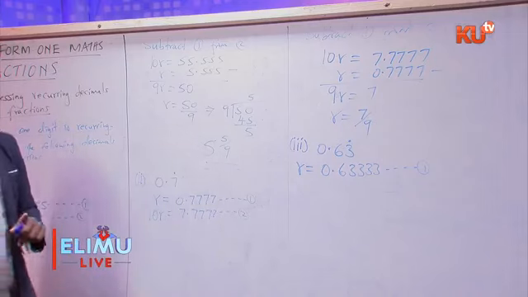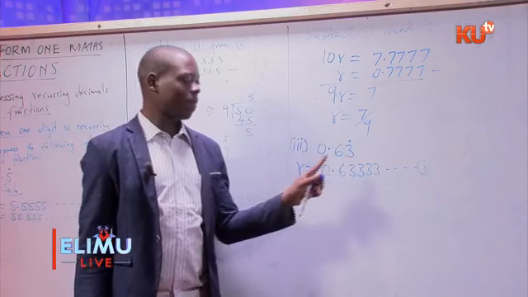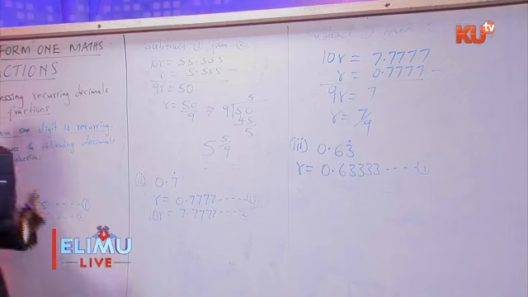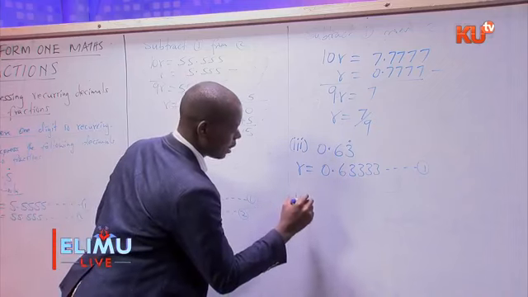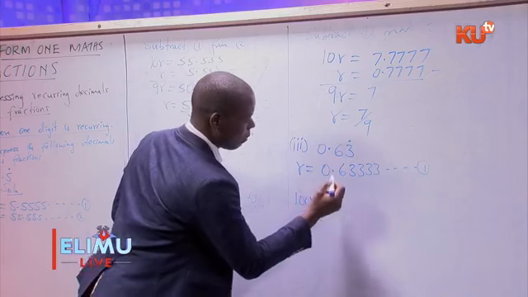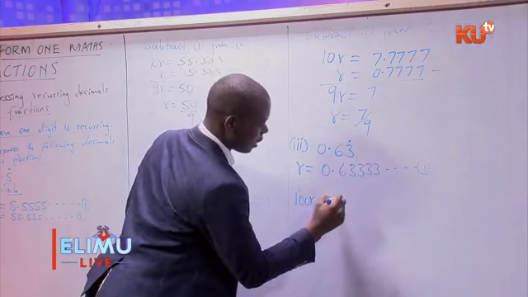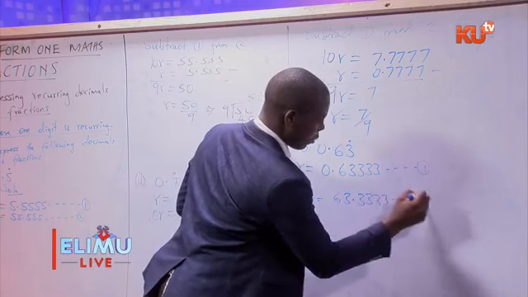Question number 2 is, how many decimal places are here? That is 2. 2 will make it 100 because it's the 100th. So 100 will mean we move 1, 2, so that we have 63.3333, equation 2.